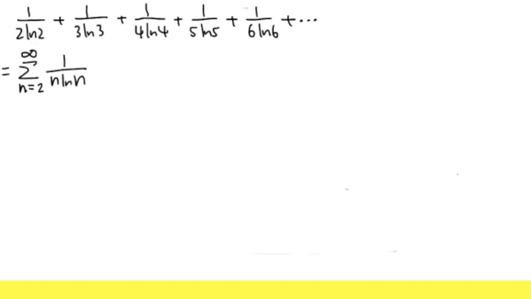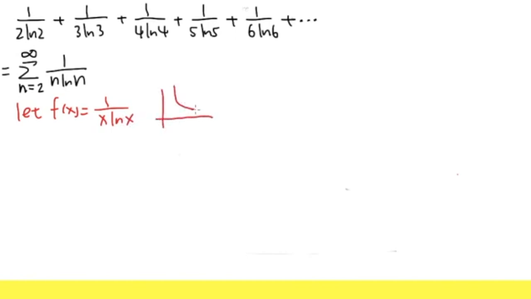That's all. And to figure out if it converges or not, we can actually use the integral test. Because we can actually integrate the function 1 over x ln x. And let me just put that down right here for you guys. I'm going to let f of x be 1 over x ln x, and go ahead and provide me a graph.